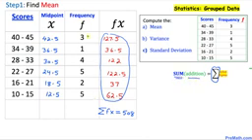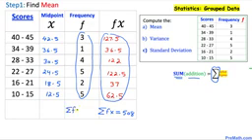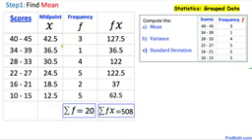And if we look at the frequency column, we are going to add these values up as well. So sigma of f equals simply 20. And here is our final product. I have nicely filled out these values in this table.